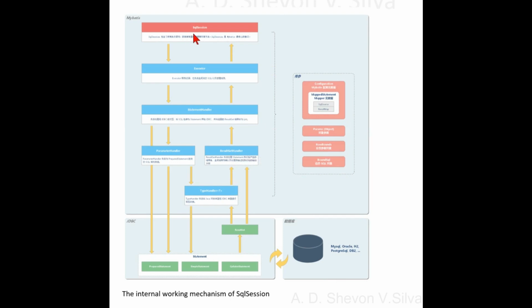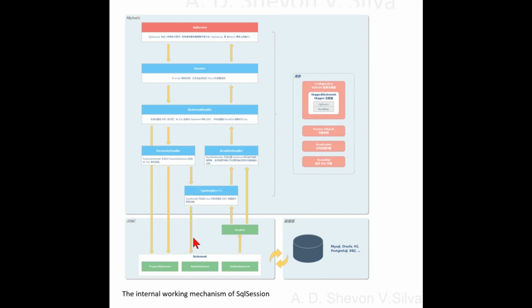And here SqlSession is connected to executor. Executor is connected to statement handler. Statement handler is connected to parameter handler, and parameter handler is connected to statement and type handler.